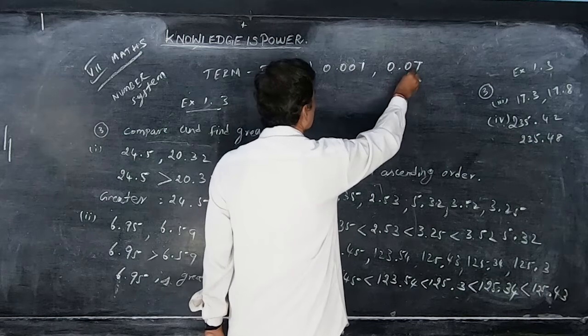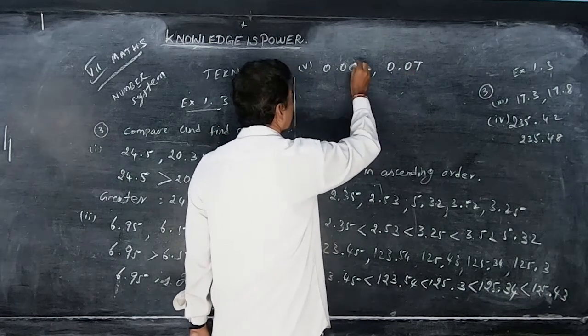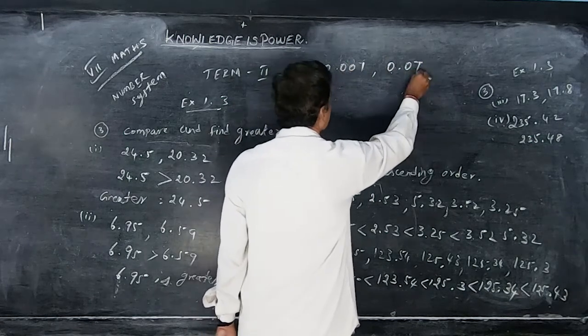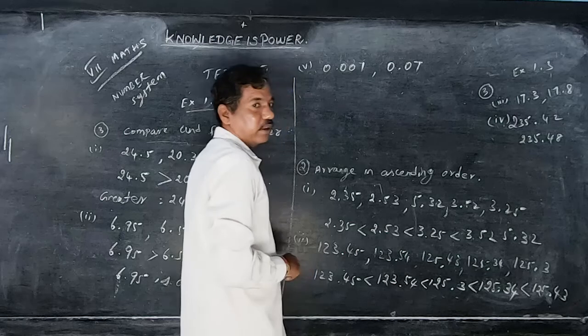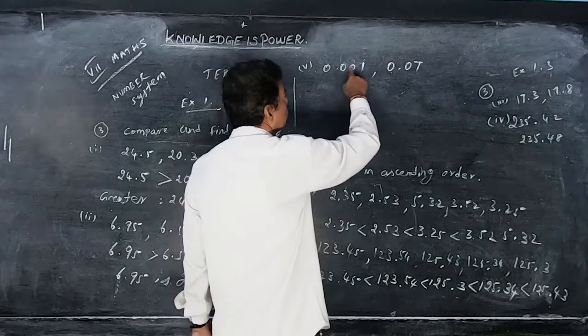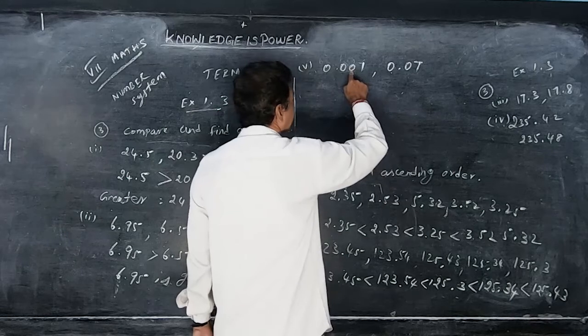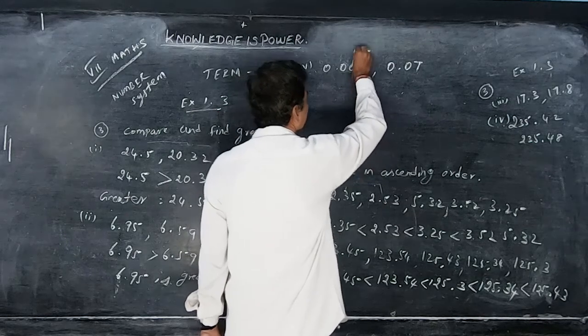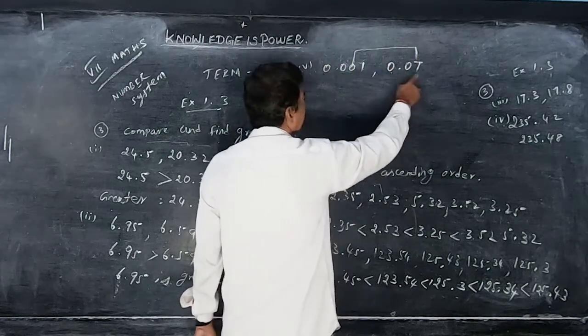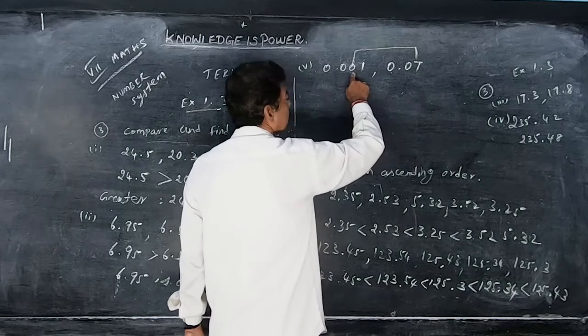First position is 0. See the second position. Here there is 0, here there is 7. So be careful. 0.007, 0.07. When comparing the second digit, what is there? This is bigger, this is smaller, isn't it?